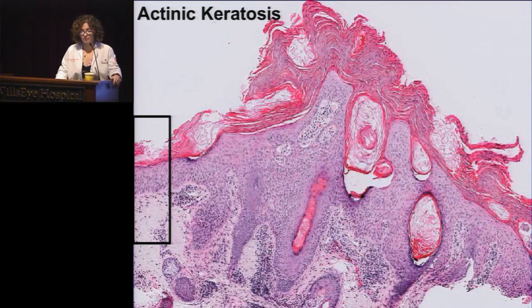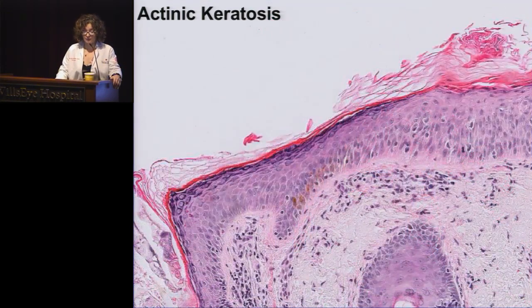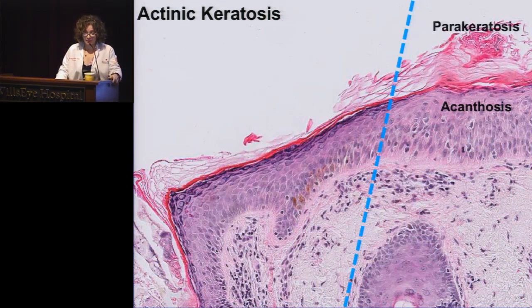So that's normal. You see acanthosis. You see hyperkeratosis with parakeratosis, inflammation, and dysplasia. Again, this is the edge of that lesion. Acanthosis, parakeratosis, dysplasia, and note loss of the granular cell layer, which again reflects rapid turnover.